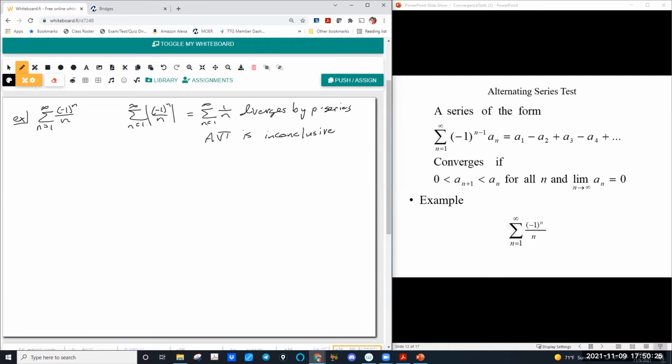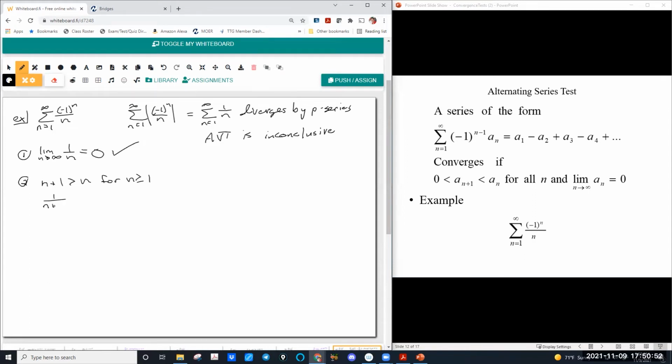All right, well, it's alternating. Check. Limit as n goes to infinity of just the sequence part, not the alternating part, of 1 over n equals 0. Check. 2, very similar to the last one. n plus 1 is clearly greater than n for n greater than or equal to 1.